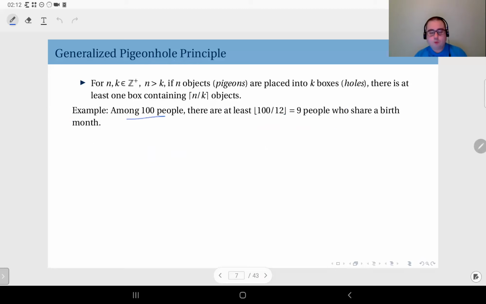Assume that you have a group of 100 people. Among these, we are looking at birth months. Okay, so birth months are going to be my holes or my boxes. There are 12 of them: January, February through December.